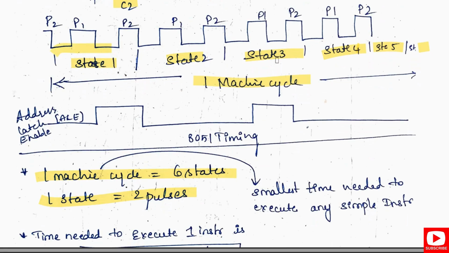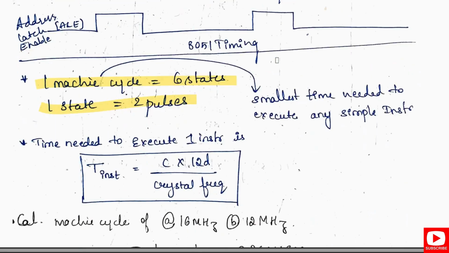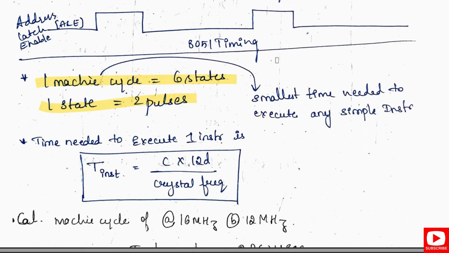So how many pulses does it have? 2 pulses. The smallest time needed to execute any simple instruction is called a machine cycle. There is a formula for the time needed to execute, and you may get a problem on this topic. The time needed is C × 12 divided by the crystal frequency.